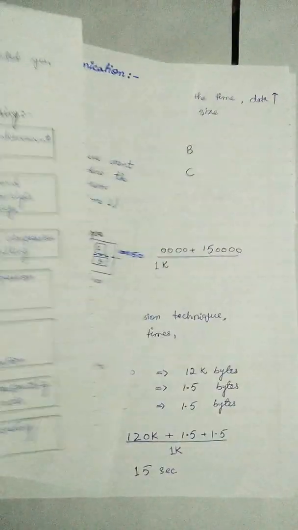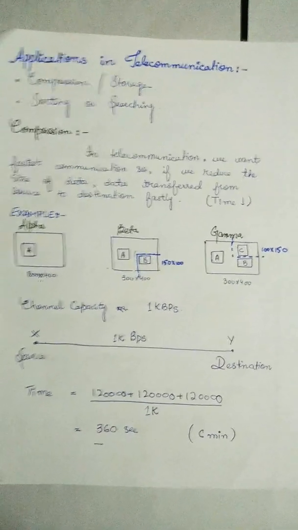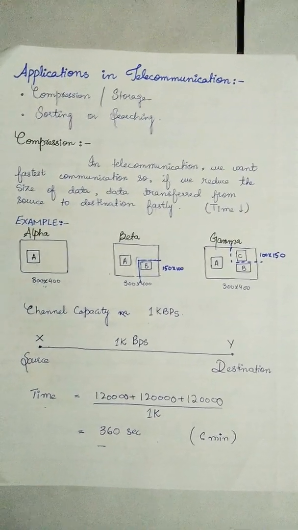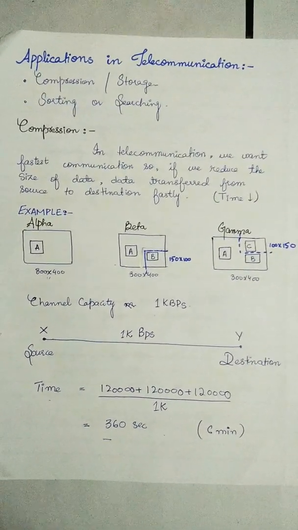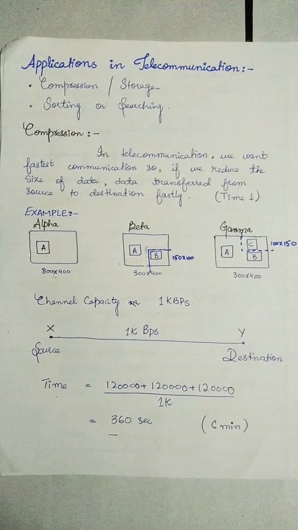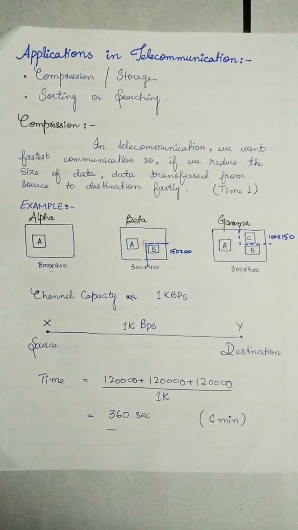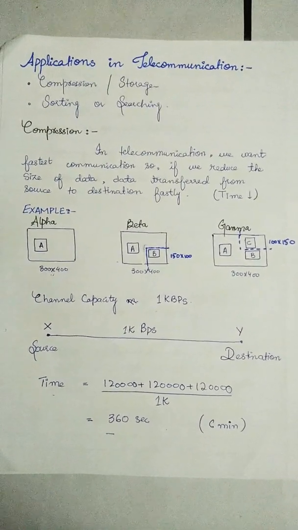Now we see the application in telecommunication, that is compression and storage or sorting or searching. So first is compression. In telecommunication, we want the fastest communication. So we want to reduce the data transferred from source to destination so that it takes less time. Let's take an example.